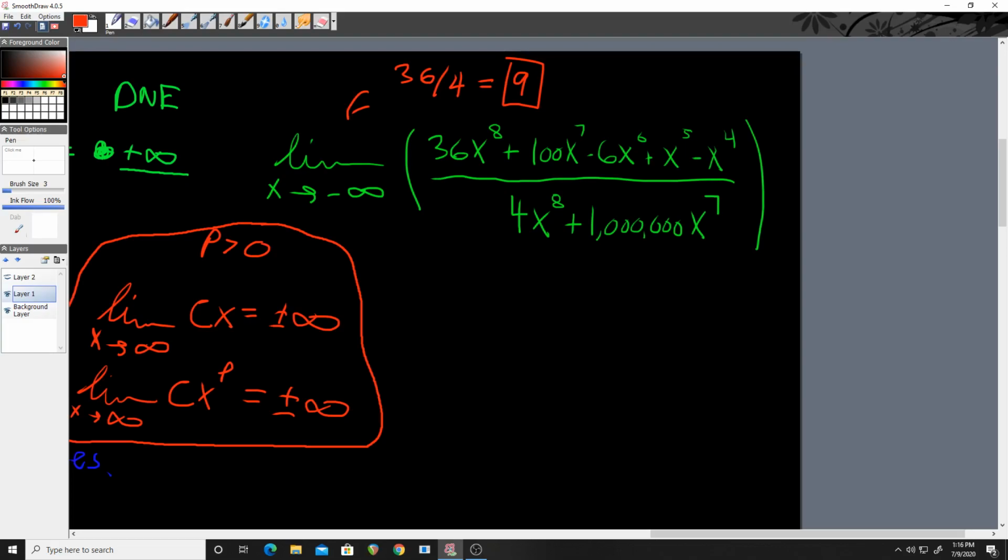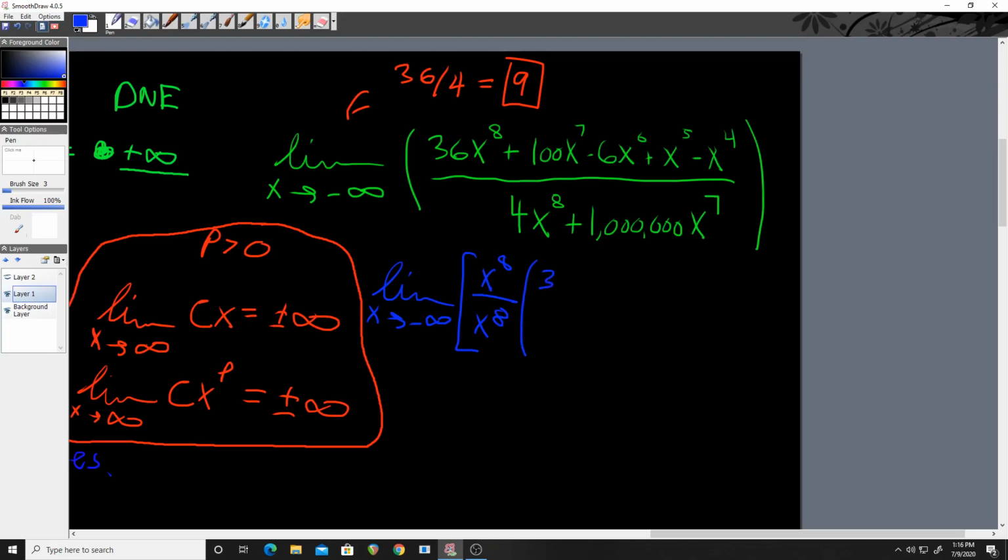If it's free response, on the other hand, we have to factor the highest power of x from the denominator, just like in the other ones. Factor x to the 8, factor x to the 8. See what's left.